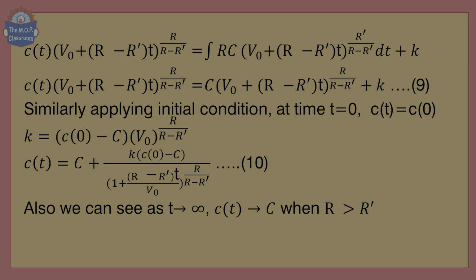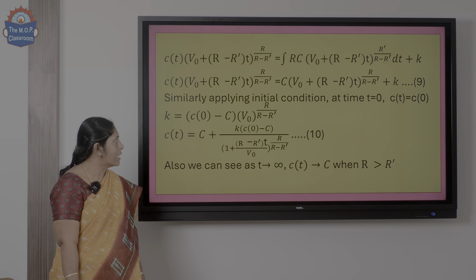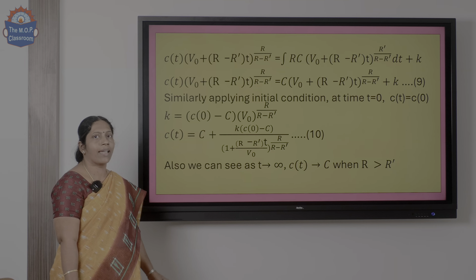That is expression 10 which we have shown here, which is the final equation governing case 2. So, here too, applying t tends to infinity, we can see the second expression tends to 0 and C of t tends to C when R is greater than R dash, which is the final conclusion for our second case.